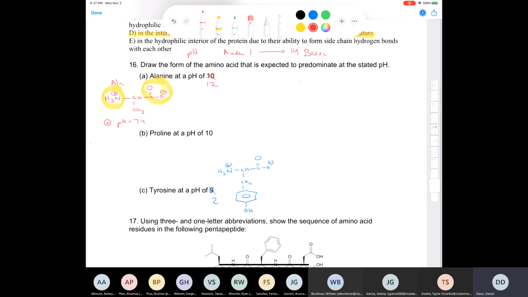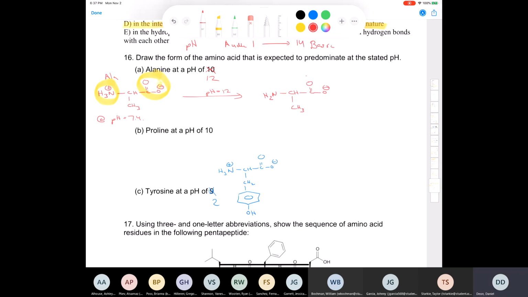And so when I put that in a pH of 12, my carboxylate is still going to be the same, but my ammonium will have lost a proton. And so it's going to look like this. So overall, the charge is going to be -1.